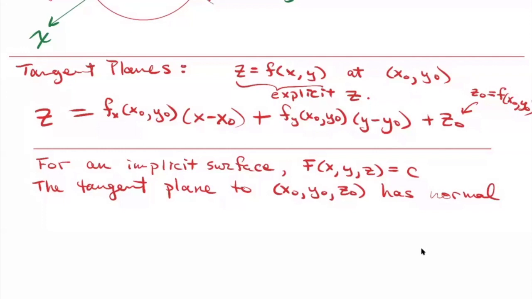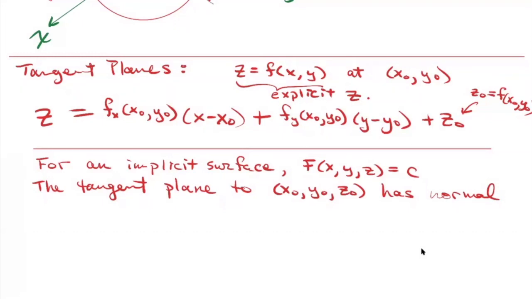Okay, so it says for an implicit surface, big F of x, y, z equals c. Maybe you can't solve for z. And we still want to be able to do a linear approximation to the surface. And we know that planes need normal vectors.